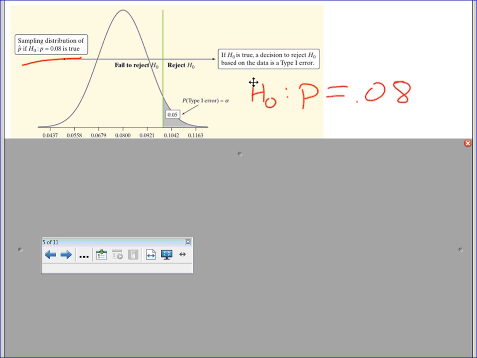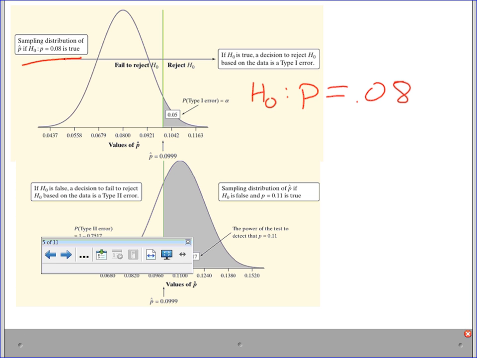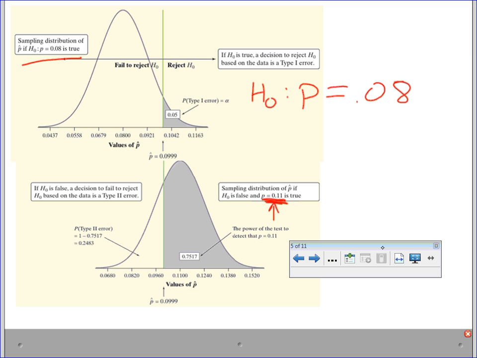But let's say the null hypothesis is false. Let's say the true P is actually 0.177. Now once again, we're in God mode, we wouldn't know that. So this top one is the sampling distribution if the null hypothesis is true.